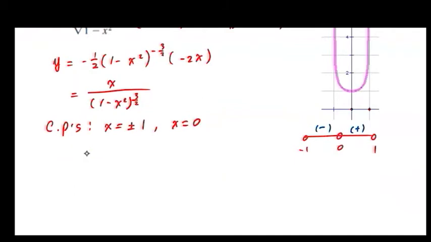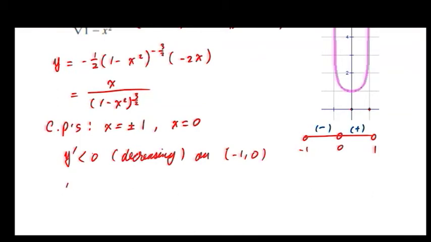Pardon me, y prime is less than 0, which means decreasing on -1 to 0, right?